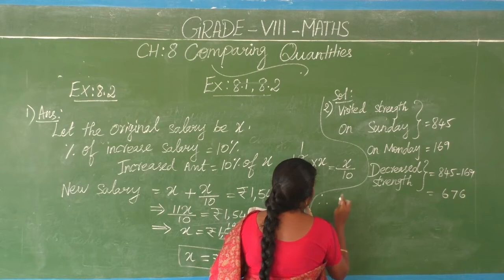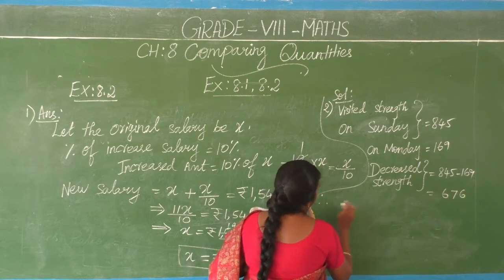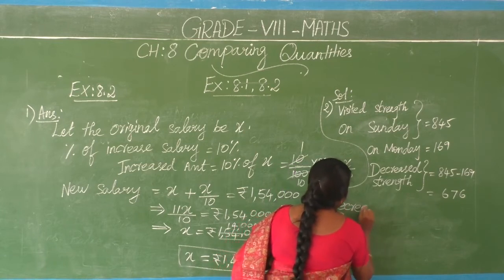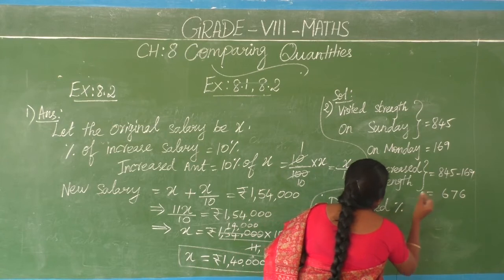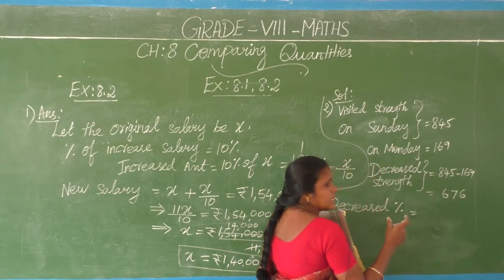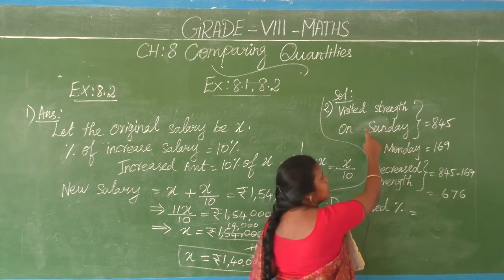Therefore, the percentage of decreased strength on Monday. Decreased percentage. The 676 is the strength of decrease based on the Sunday strength. So here this is the base.